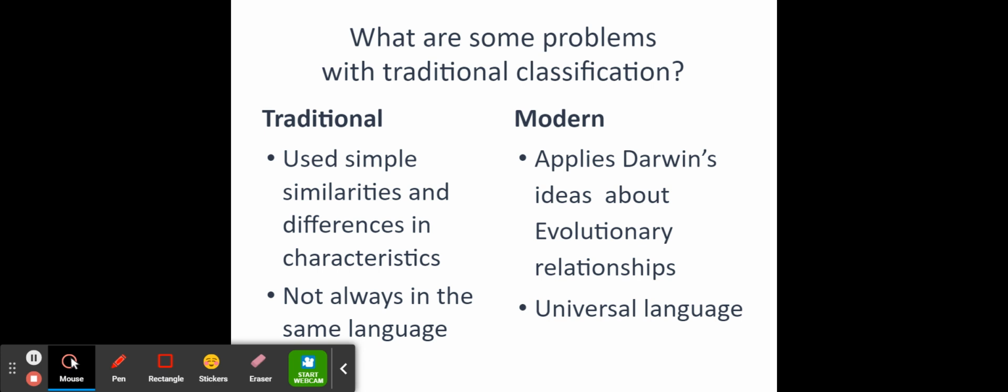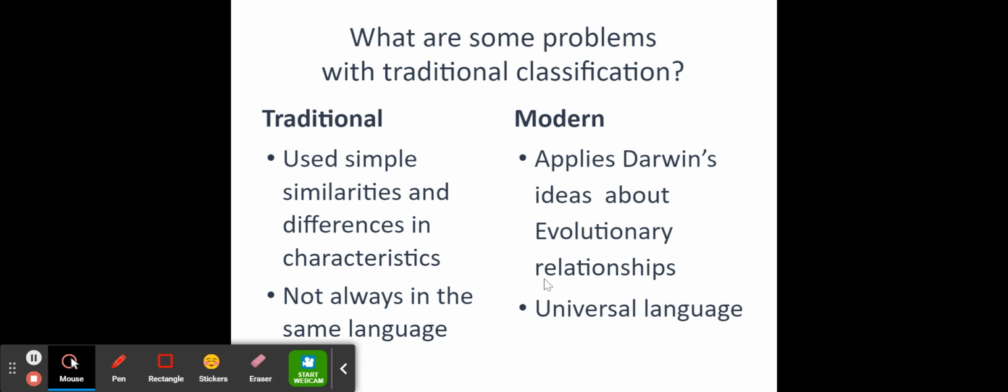and not know it. So as we use modern classification, we do this using evolutionary ideas and evolutionary evidence and relationships that we have. So kind of going back and saying, okay, what were our common ancestors? How did this organism evolve from this other organism that happened millions of years ago?